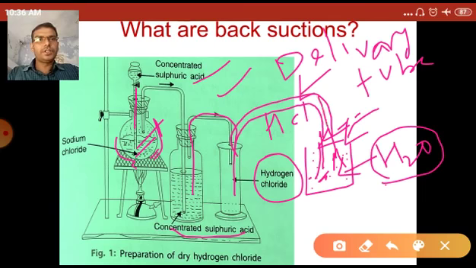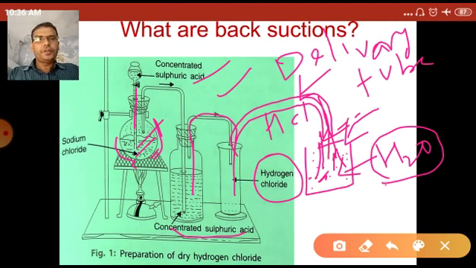So the water enters into the delivery tubes, and the rise of the water into the delivery tube is called the back suction.